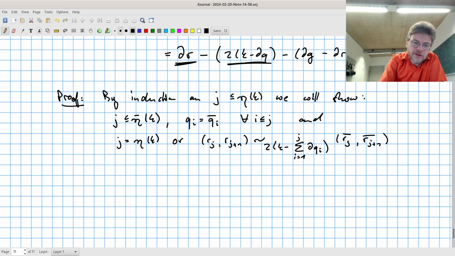Here we have an inequality only, so the j is bounded by this. So here we get only that eta is bounded by eta bar, but the theorem is symmetric about what is barred and what is not barred, and therefore it's sufficient to just show the one-sided version of this theorem. So the claim follows from here by symmetry.